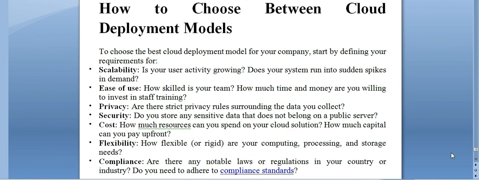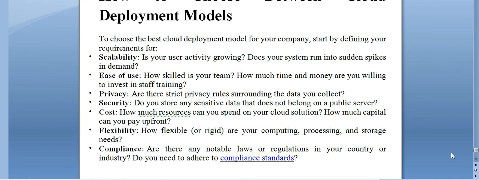Okay, so how to choose between the cloud deployment models? To choose the best cloud deployment model for your company, start by defining your requirements, that is, what all you need. So first, you know that cloud computing service has different characteristics: on demand, scalability, elasticity, multi-tenancy, and obviously it reduces the maintenance cost.